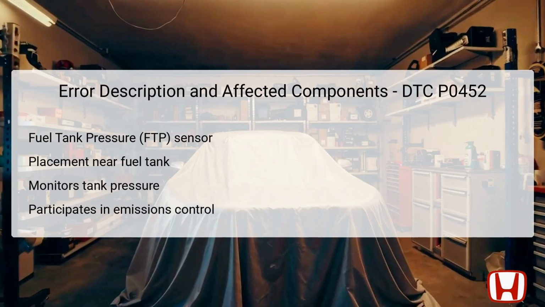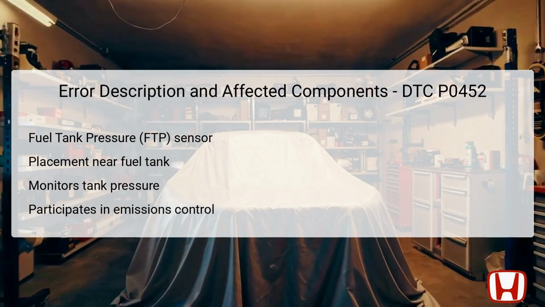The primary component affected by DTC P0452 is the fuel tank pressure (FTP) sensor. This sensor is primarily located near the fuel tank and is responsible for monitoring the pressure within the fuel tank. It sends real-time voltage signals to the engine control module, ECM, to help in monitoring and controlling evaporative emissions.